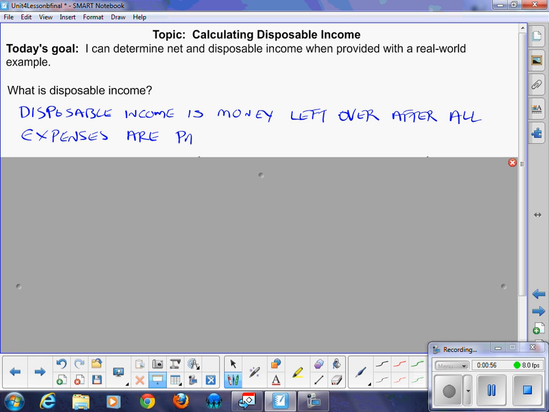And that would include, for example, rent, mortgage, gas, etc. So once you've paid all your bills, whatever's left over is your disposable income. That's money that you can spend in any fashion that you want without any repercussions or penalties.